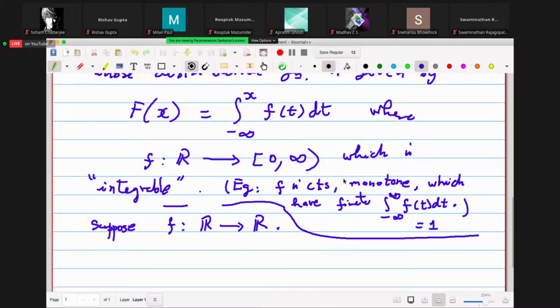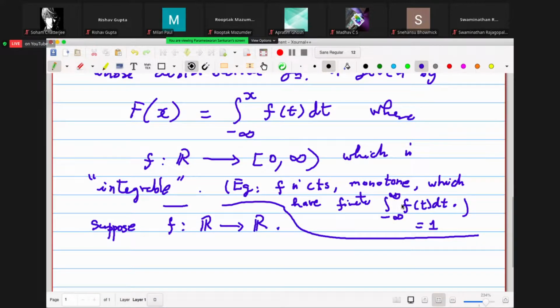So instead of saying this, this is an improper integral which is continuous, non-negative valued, or monotone, non-negative valued, and then you can make sense of this as a Riemann integral.